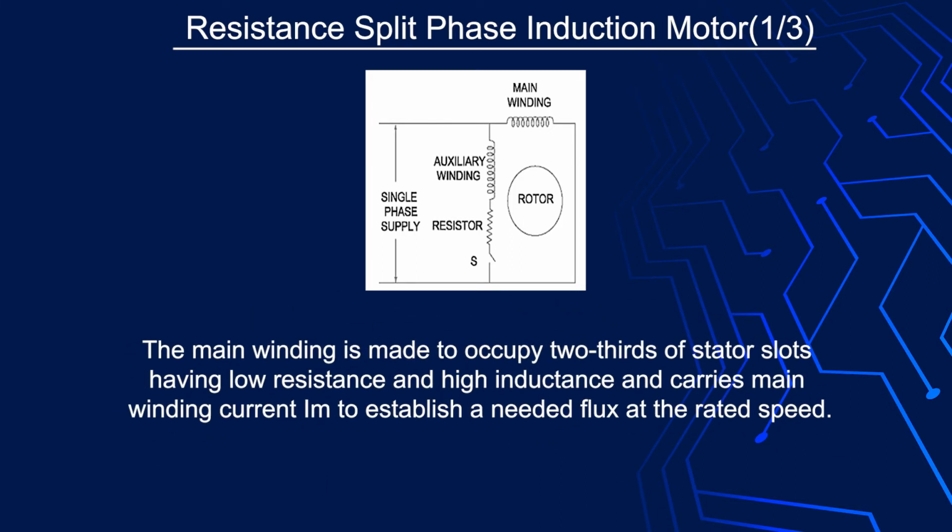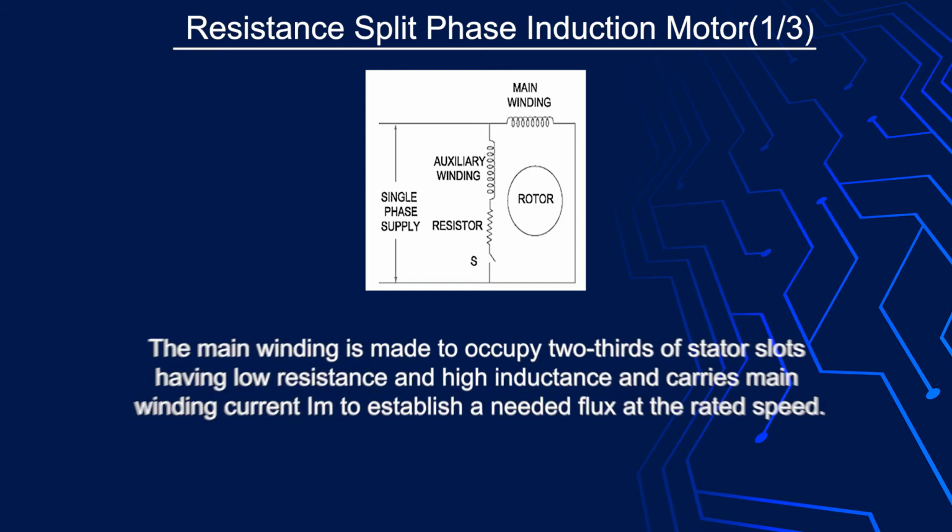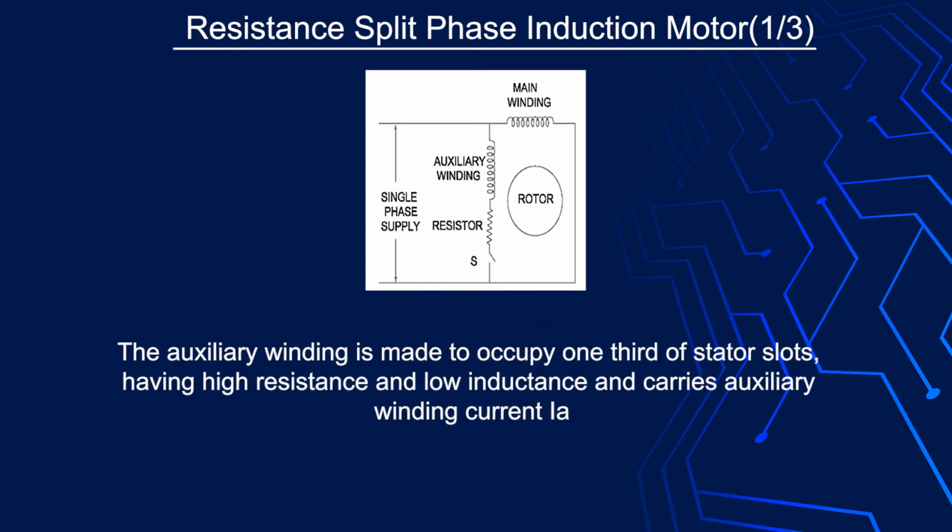The main winding is made to occupy 2/3 of the stator slots, having low resistance and high inductance, and that is why it carries the main winding current Im to establish the needed flux at the rated speed, while the auxiliary winding is made to occupy 1/3 of the stator slots.